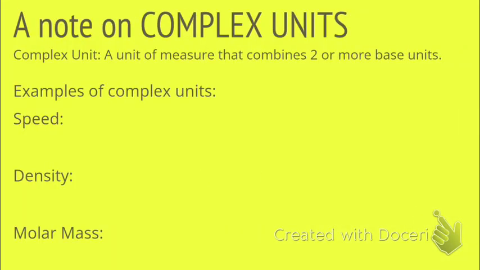So a quick note on complex units. Because it's combining 2 or more base units, I have a few examples you might be familiar with. For instance, speed in the U.S. customary system is miles per hour, or miles/hour. You're going 60 miles per every 1 hour.